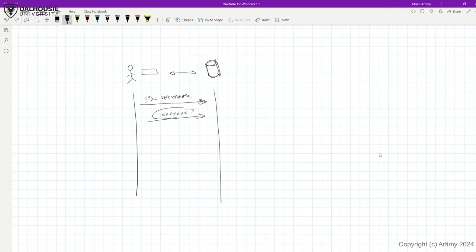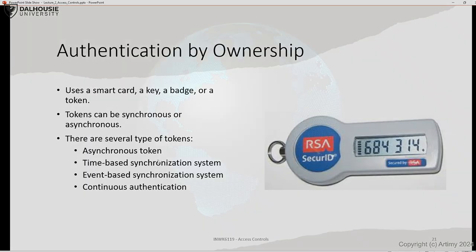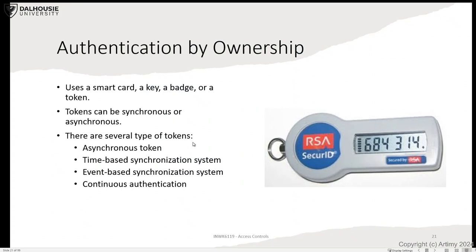So if I receive this number, I know that this is the actual user, and they are who they claim to be. If I'm receiving a different number, then they are not the correct user, and the system is not going to allow access, right?